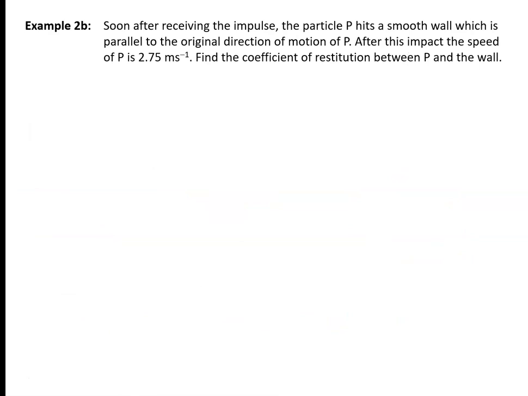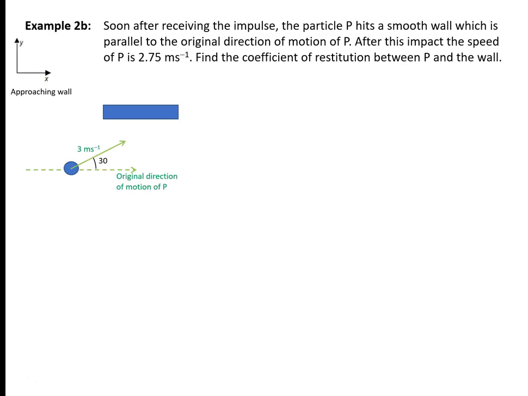Soon after receiving the impulse, the particle P hits a smooth wall, which is parallel to the original direction of motion of P. After this impact, the speed of P is 2.75 meters per second. Find the coefficient of restitution between P and the wall. Well, again, we need to extend our diagrams.